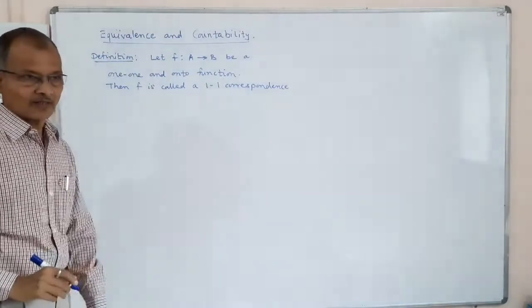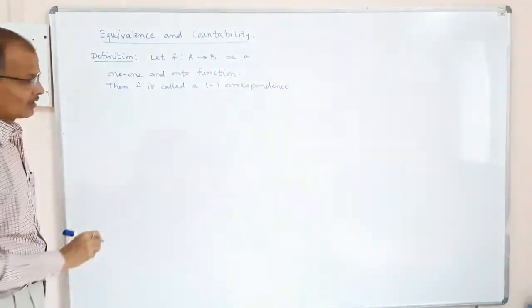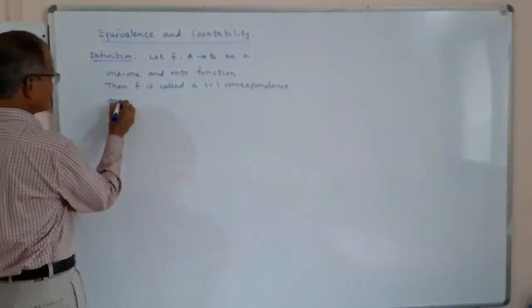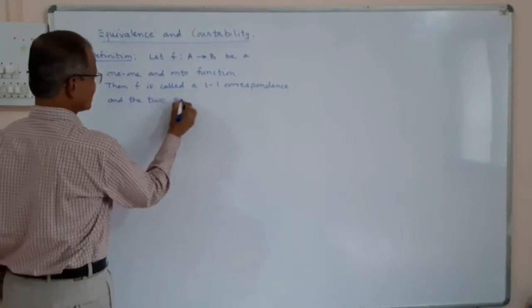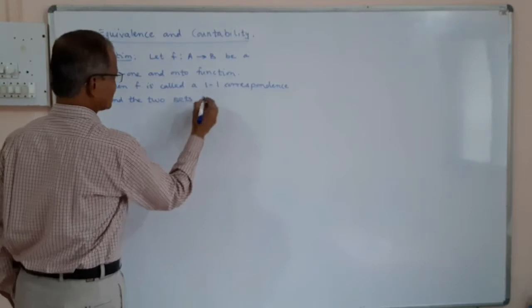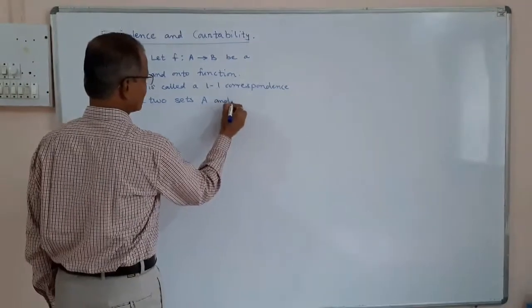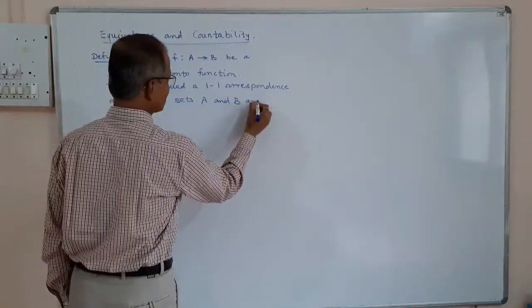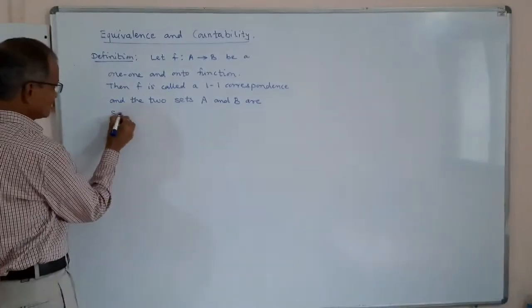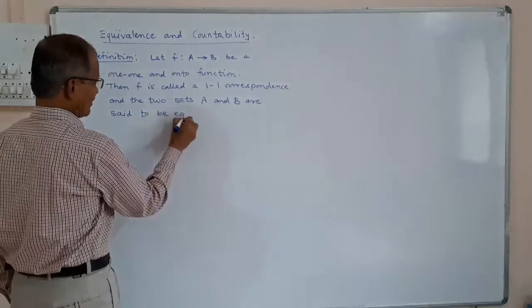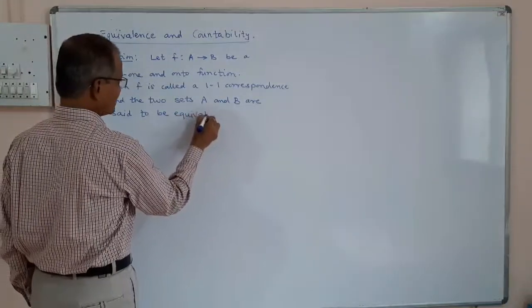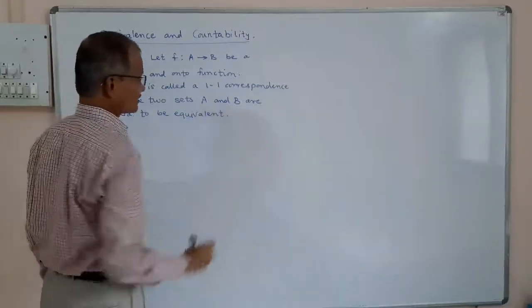And the two sets A and B are said to be equivalent. So this is the definition for equivalent sets.